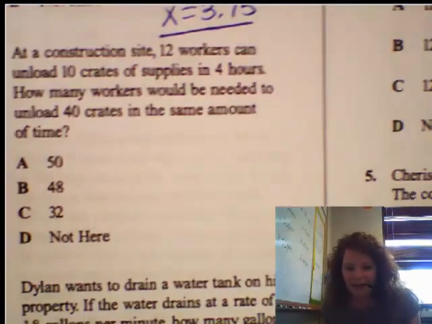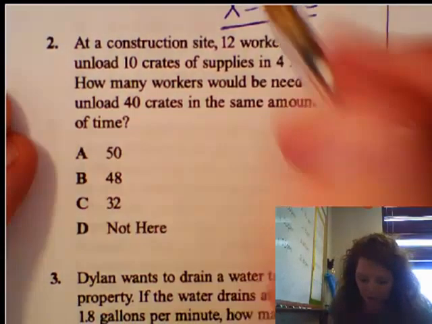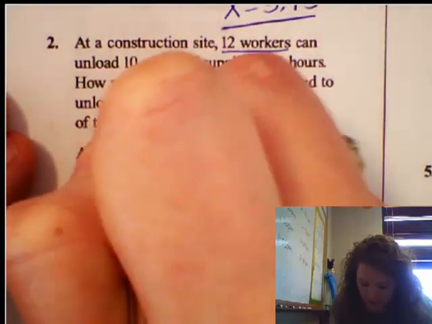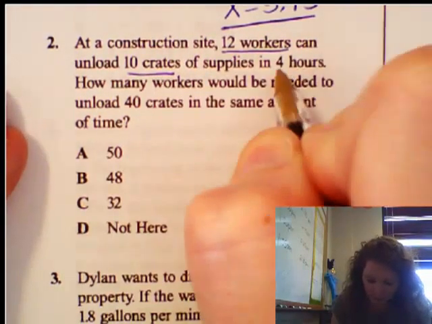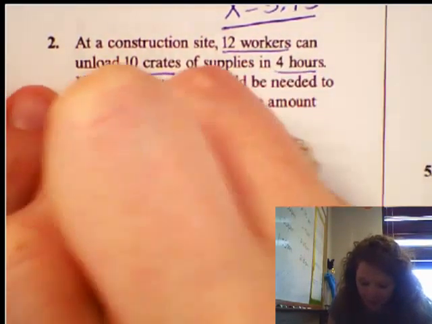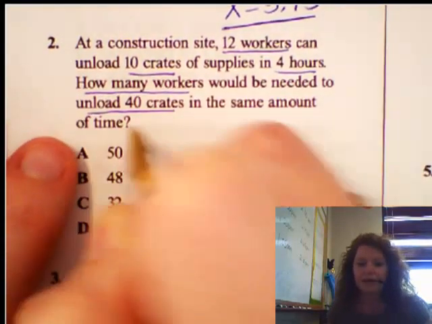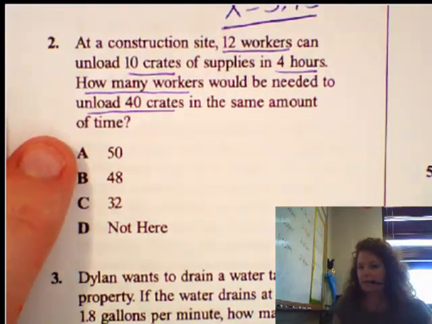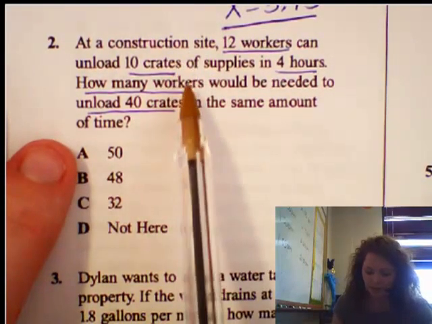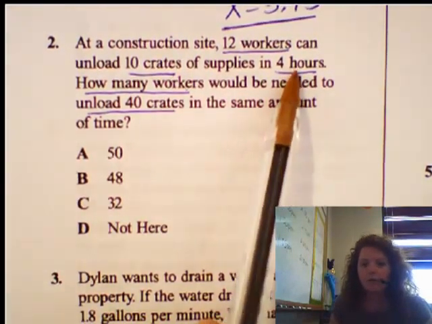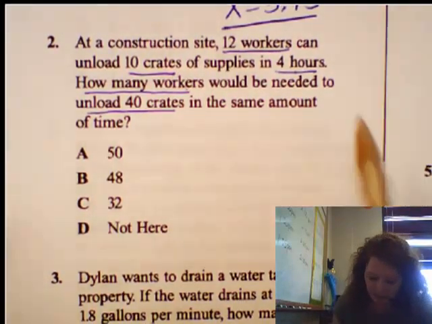Number 2. At a construction site, 12 workers can unload 10 crates of supplies in 4 hours. How many workers would be needed to unload 40 crates in the same amount of time? Okay, be careful here because there's like 3 things going on. Workers, crates, and hours, but we need to see what we really need in our proportion.